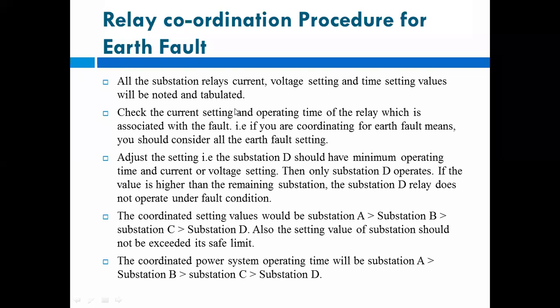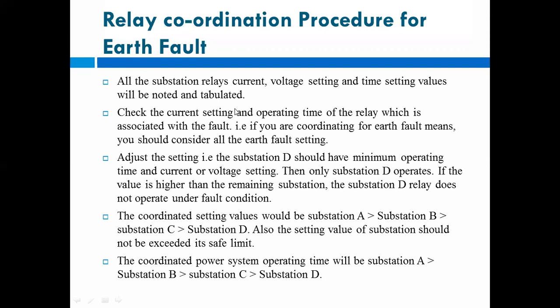So there you can set the time, then current setting and voltage setting. Current setting and voltage setting mean that at that current or at that voltage your relay will start operating. Then substation D operates only if the value is higher than the remaining substations. The substation D relay does not operate under fault condition.